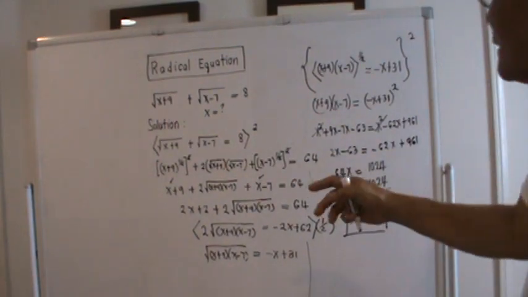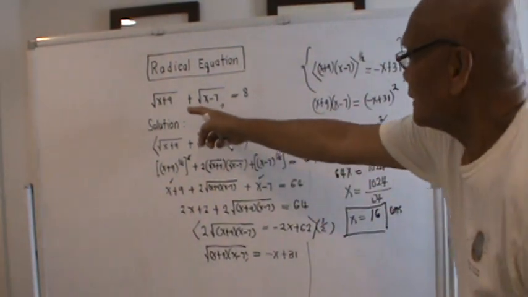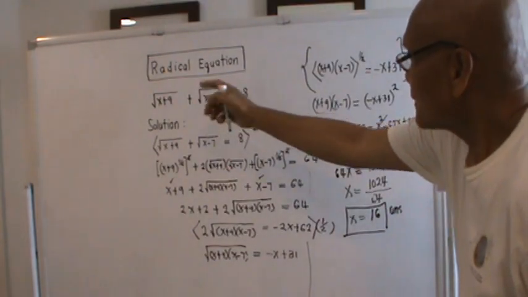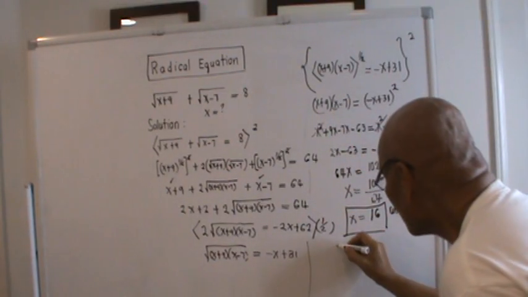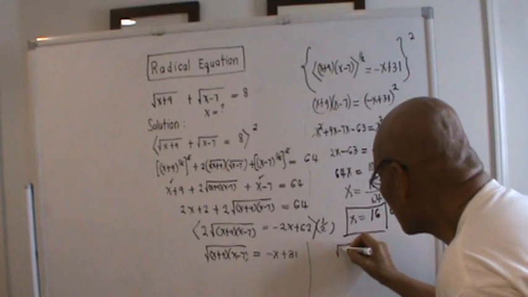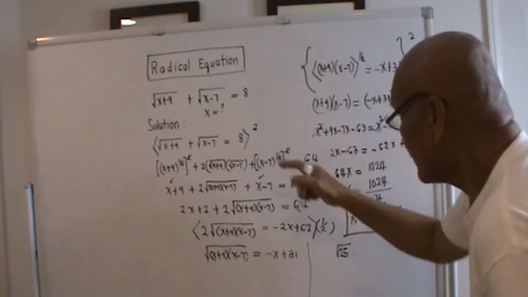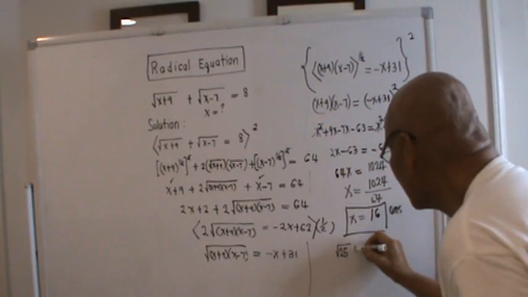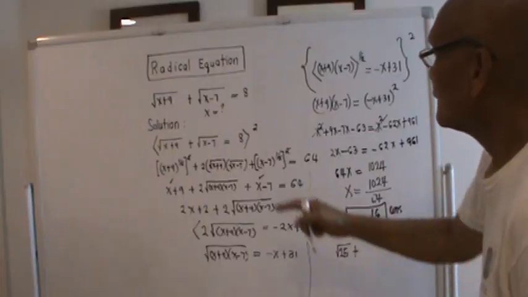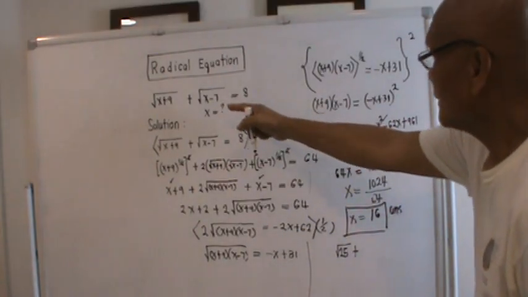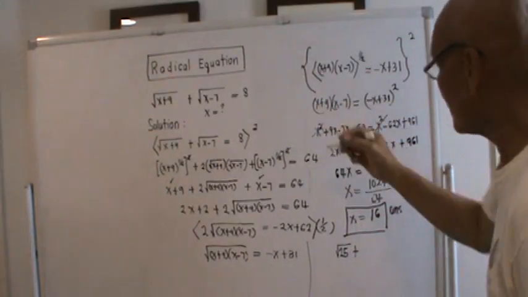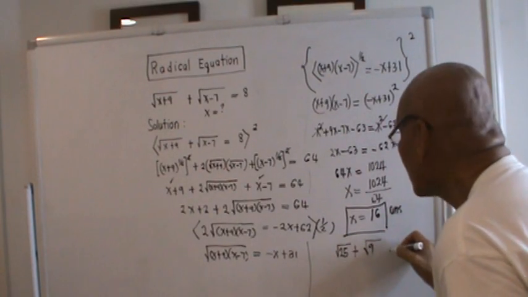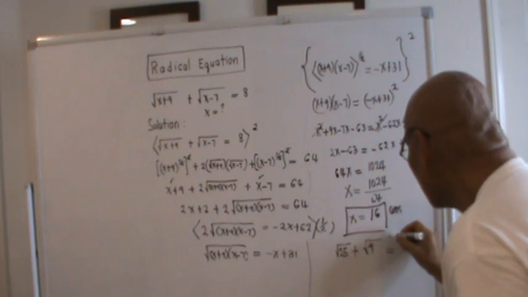Let's try to check it. Let's go back to the given equation. If x is equal to 16, then 16 plus 9 will be 25, so it becomes the square root of 25, plus the square root of x minus 7, which is 16 minus 7, the square root of 9. Will it be equal to 8?